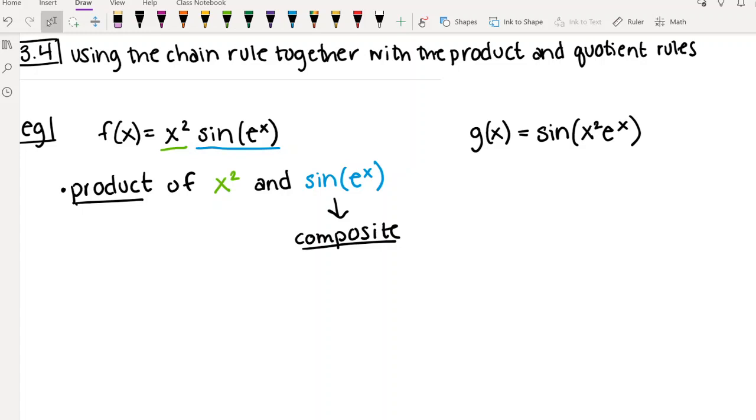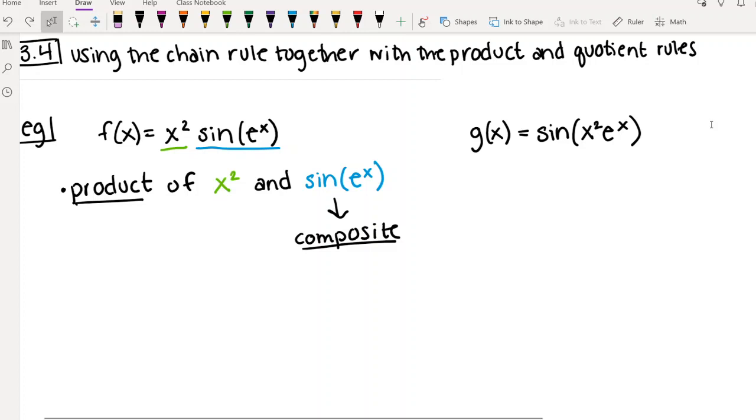So you have two things that are clearly being multiplied together, and you didn't say sine of something times something else. You said x squared times sine of e to the x. So the sine of part is what tells you, and the fact that the thing you're taking sine of is not just x, that tells you that it's a composite function in there. But because the first thing you're doing is multiplying, that's what tells you first and foremost, this is a product.